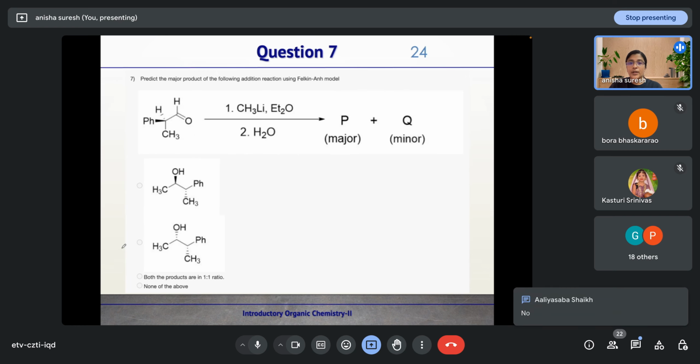Okay. Now coming to question number 7. Predict the major product of the following addition reaction using the Felkin-Anh model.